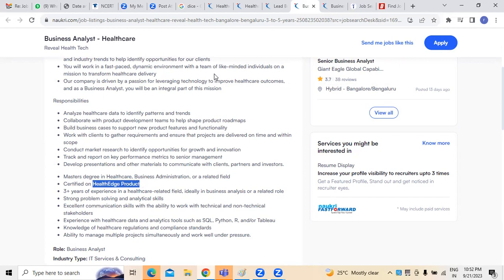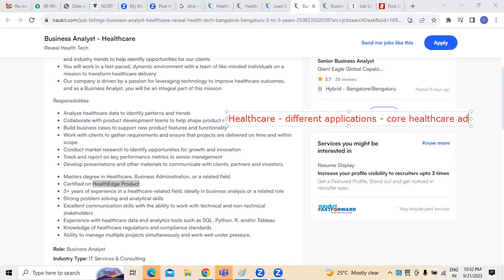Because I must tell you, let me write it down here. In healthcare, especially, there are different applications. There are a lot of them; I am mentioning a few. Different applications they use for claims and core healthcare administration purposes.